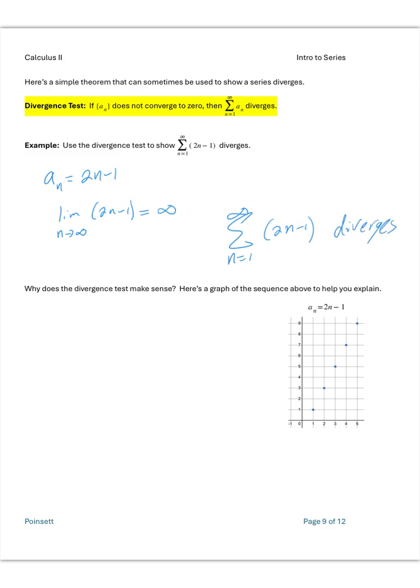It's a pretty simple test to use, but let's make sure it's clear what this means. So why does the divergence test make sense? Here's a graph of the sequence above to help you explain it. Of course, a sub n equals 2n minus 1 is just the series of dots along the continuous function y equals 2x minus 1. Now, it's pretty clear why this thing diverges, because we are taking the sum of all these values.